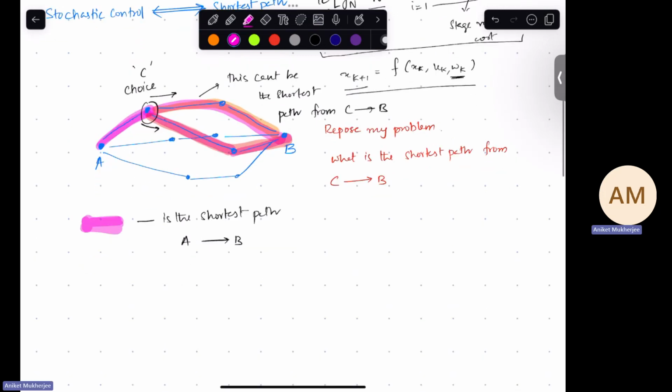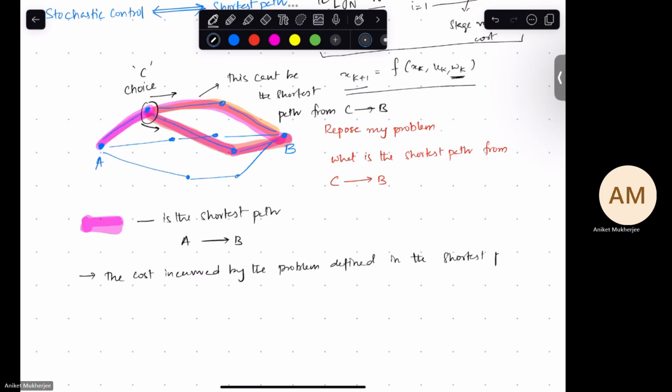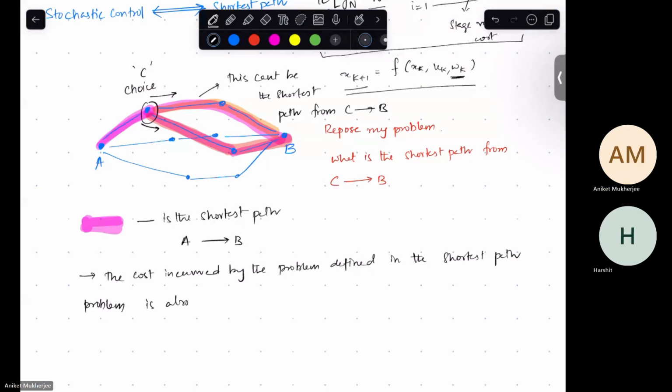And why does this happen? Because the cost incurred in the shortest path problem is also additive, right?